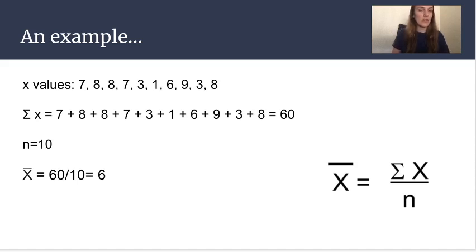This is illustrating how we go through the basic procedure here, the basic calculation. If we have a set of x values, and let's say that these x values are number of dreams that an individual might have. Maybe we want to get an average number of dreams for each person. So we have a number of dreams here.